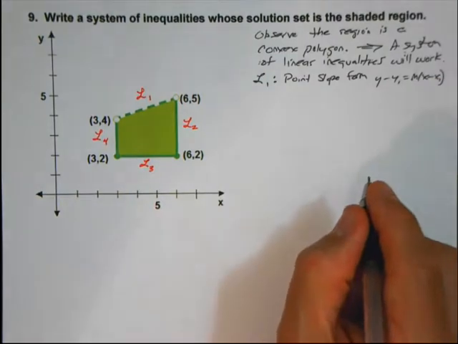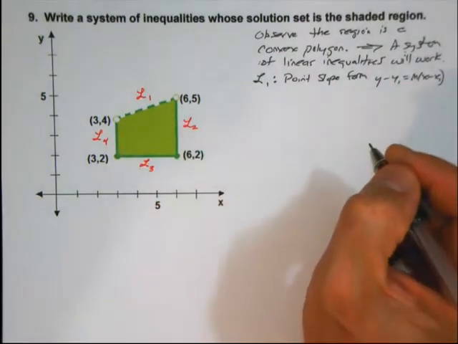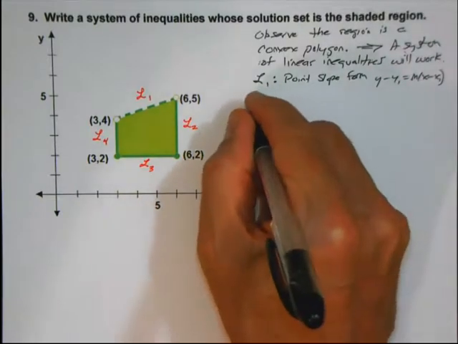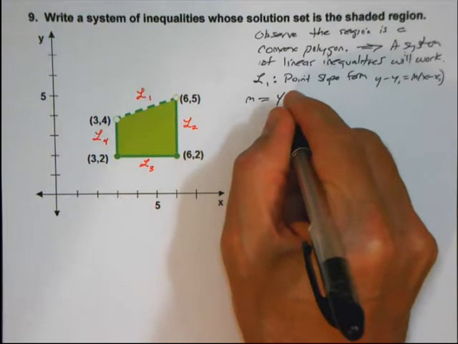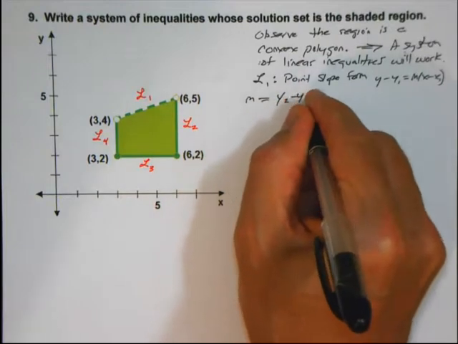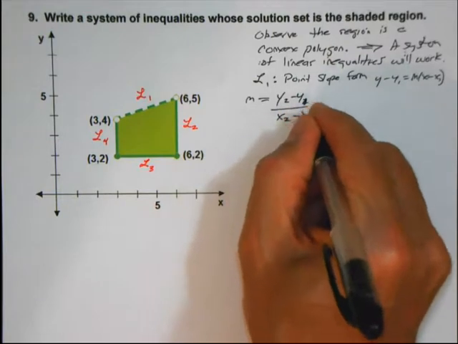To get this form resolved in this specific case, we'll need the slope first of all. The slope m equals change in y over change in x, or y sub 2 minus y sub 1 over x sub 2 minus x sub 1.